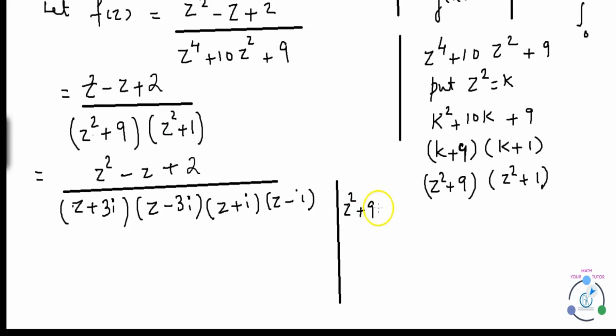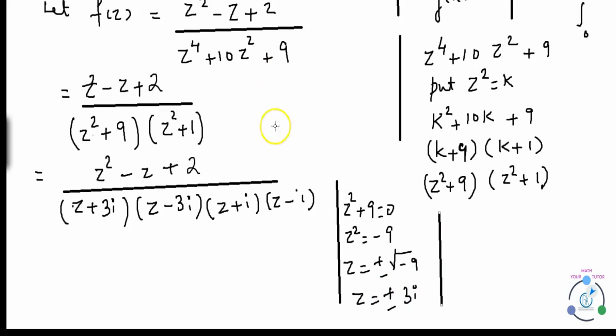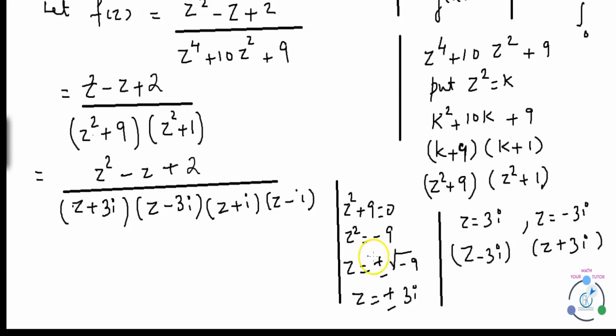Let us equate z square plus 9 equal to 0. Then z square is equal to minus 9, z is equal to plus or minus root of minus 9. It gives z is equal to plus or minus 3i. That gives the factors z plus 3i into z minus 3i.